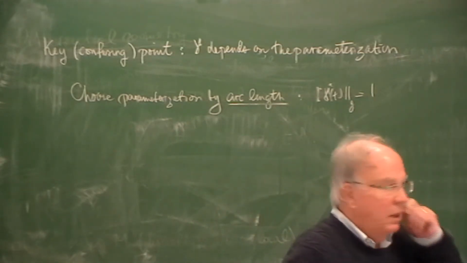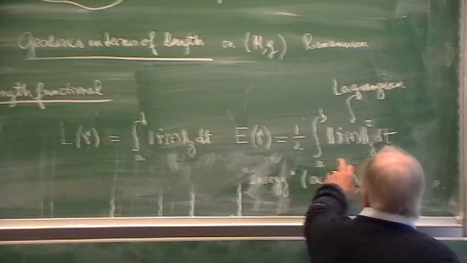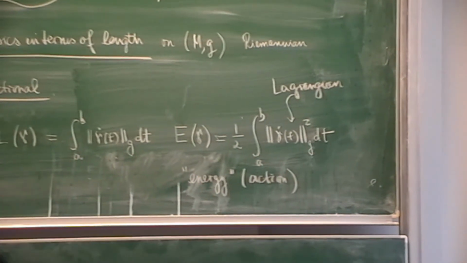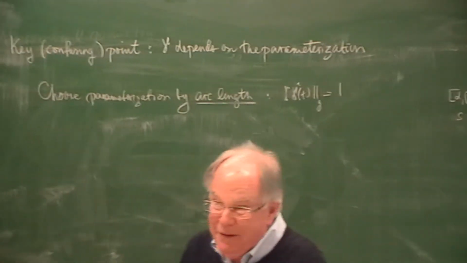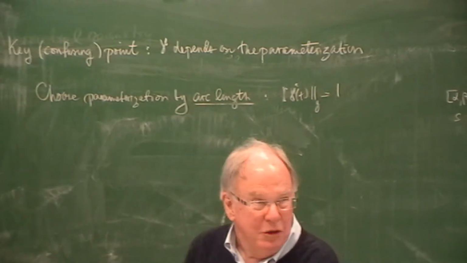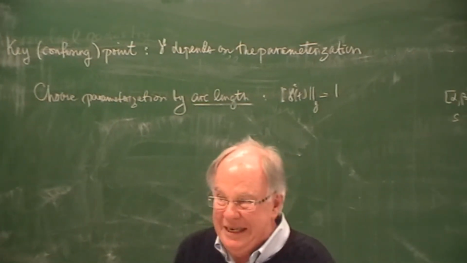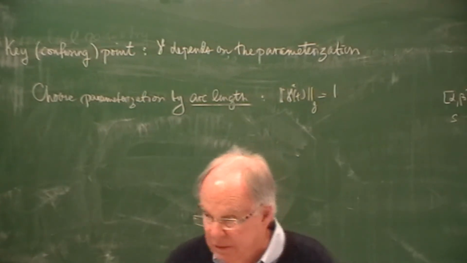That means that these two integrals are up to a constant the same. This means that the physicists, as usual, are right. We don't need to look at the square root of this thing. We can look at the Lagrangian and the action, because it's the same for our purposes.